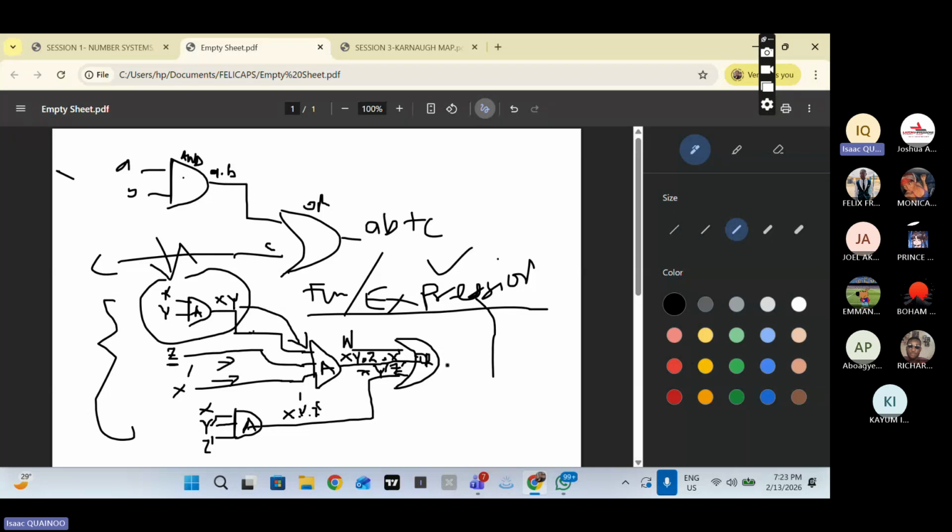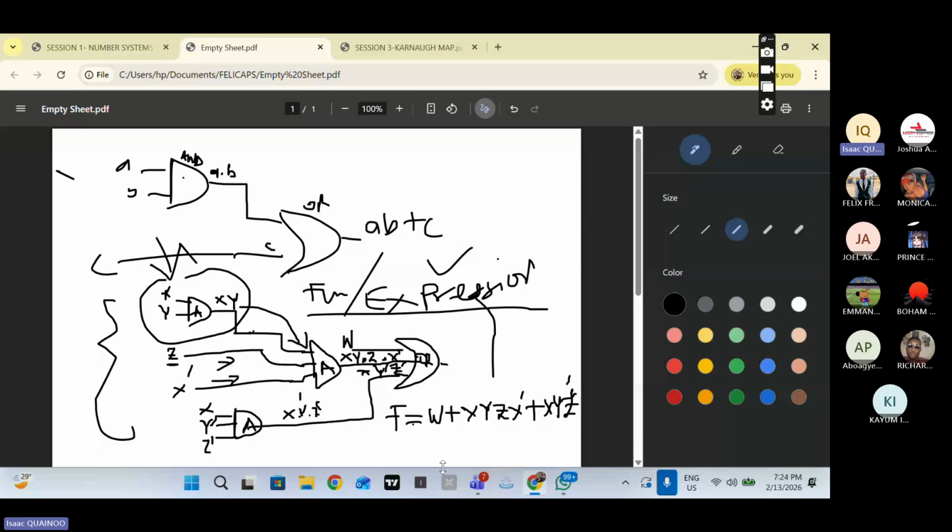So the output of this logic gate is going to be the function W plus X, Y, Z, X bar, plus X, Y bar, Z bar.